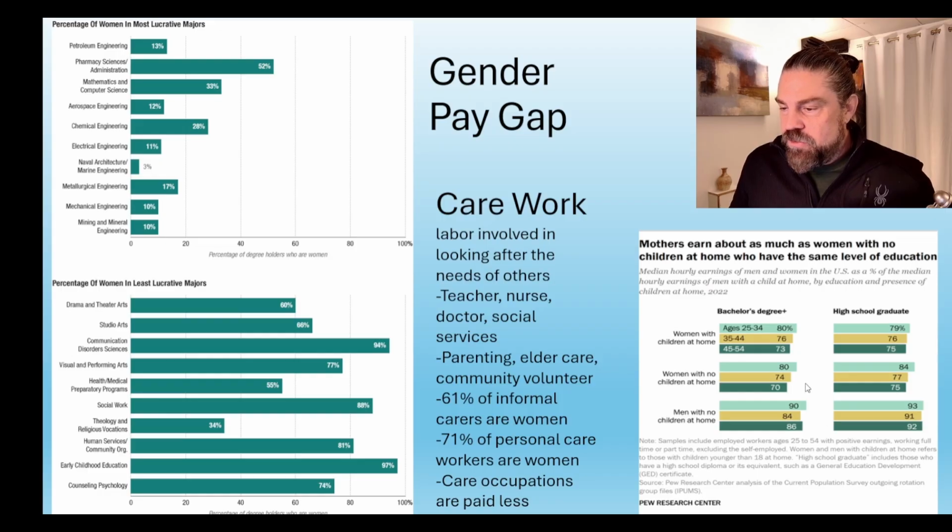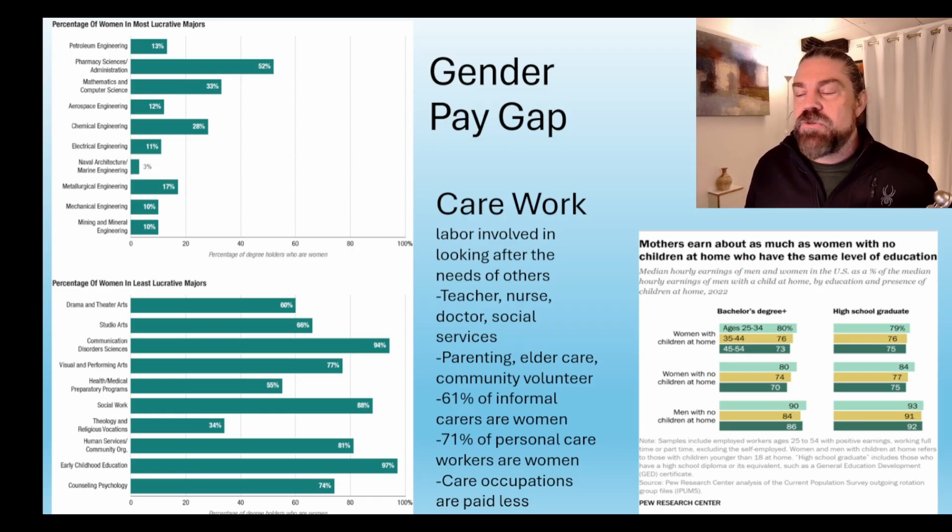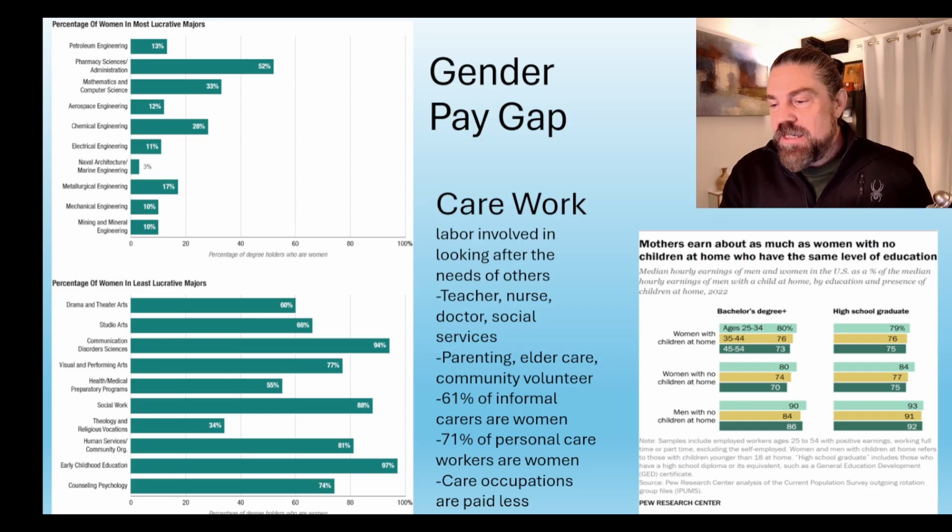Women with no children at home, presumably the same requirements, still earn about 10% less than men, right? And women with children at home still earn about 10% less. So this study suggests maybe it's not having children that is the thing that makes women earn less than men.